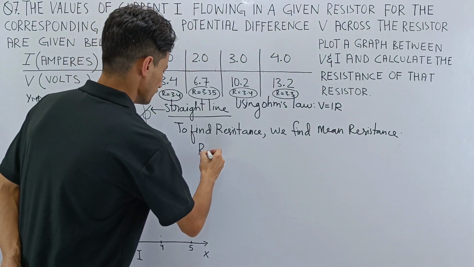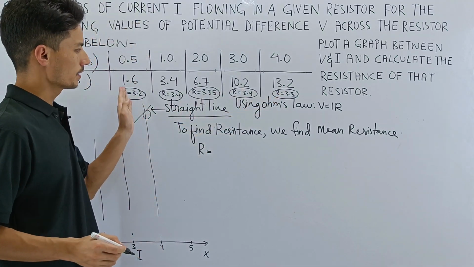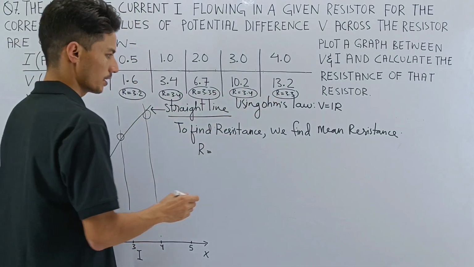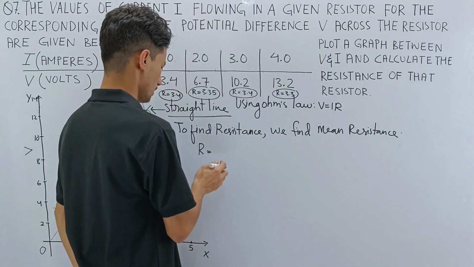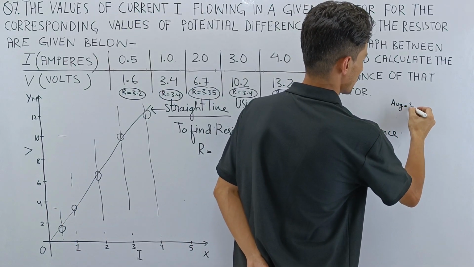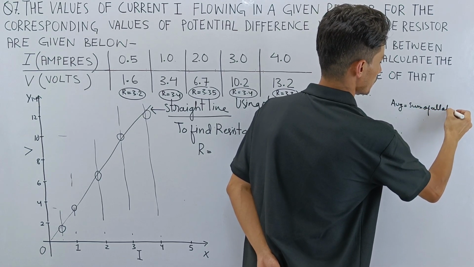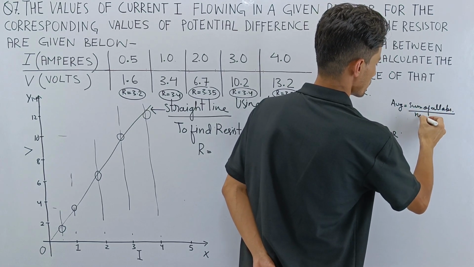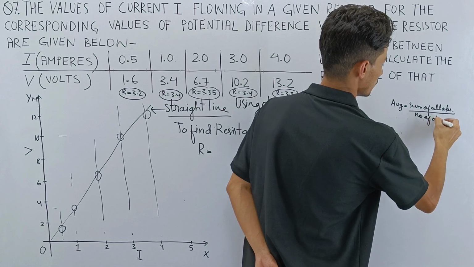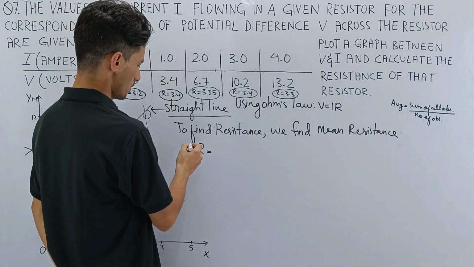R is equal to, you add up all of this and then you divide by the number of resistances, because the average formula is the sum of all observations divided by the number of observations. So we are going to find the average resistance.